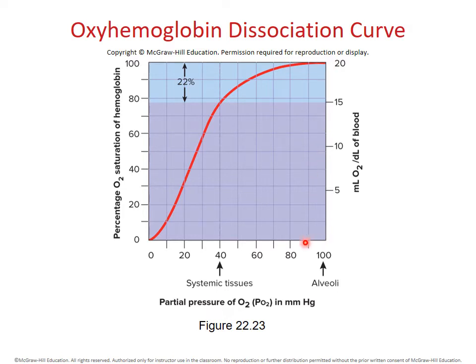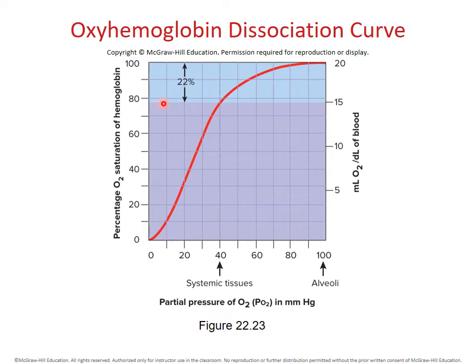Then we head down towards the tissues and the systemic circuit. And now we find ourselves in environments where the blood is down to a PO2 of 40, because we're starting to lose oxygen to the tissues. Well, notice when we're in an environment where the blood has a PO2 of 40, the percent saturation on average of the hemoglobin is about 78%.